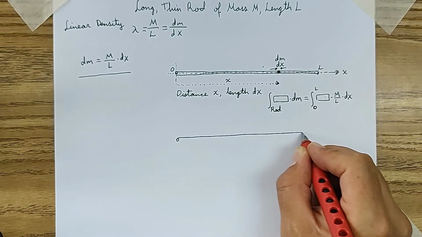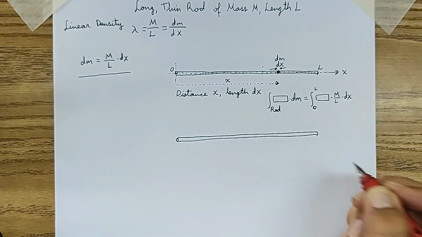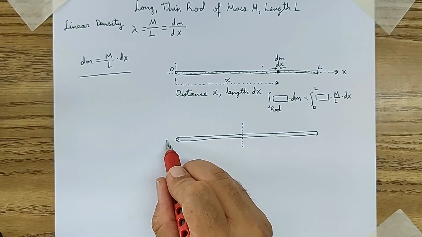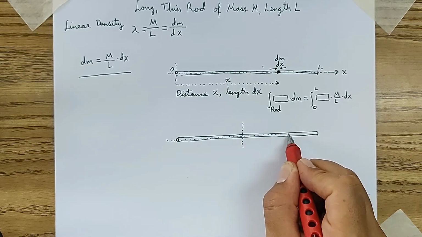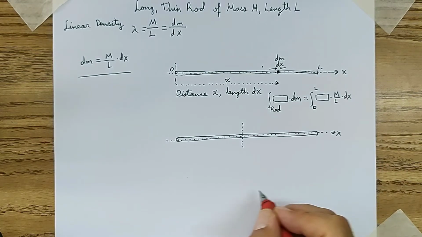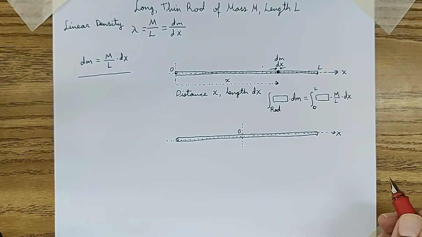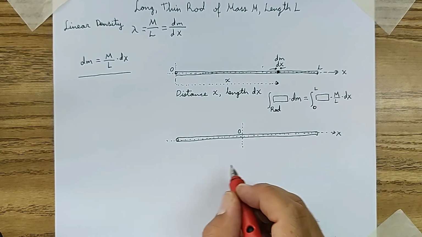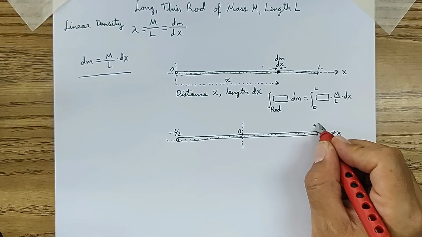But there might be some variation in the analysis if you want to have the origin somewhere else. For example, sometimes it is convenient to have the origin at the midpoint or the center of mass or the point of symmetry. Say, for example, that you place the origin at the exact midpoint of your rod. Then, because the length is L, the coordinates for the left and right ends are negative L over 2 and positive L over 2.